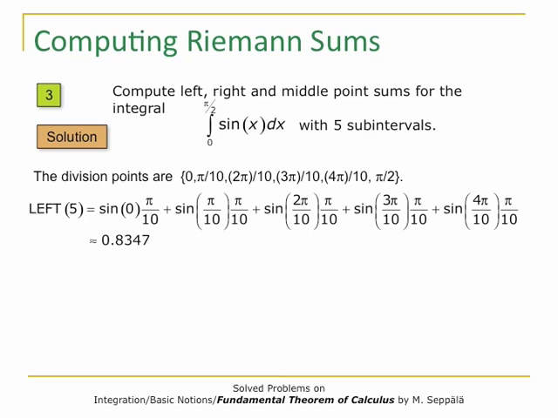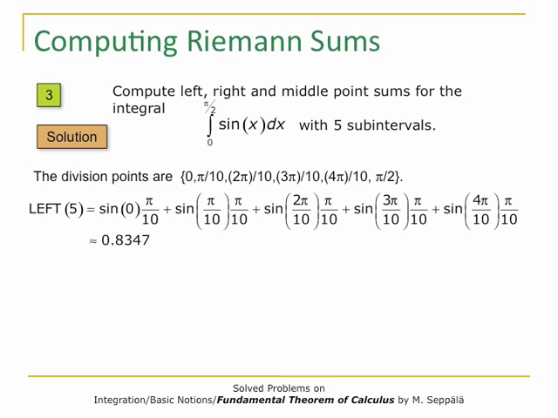Therefore, the left approximation with 5 subintervals is sine 0, that is sine at the left endpoint of the first subinterval, times pi over 10, plus sine pi over 10 times pi over 10, and so forth, and finally sine 4 times pi over 10 times pi over 10.